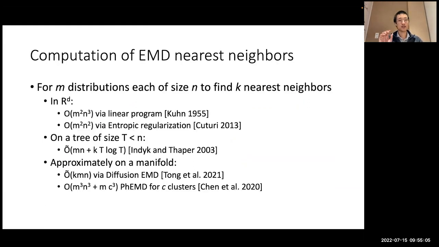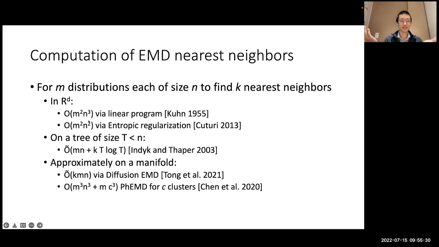Cool. And so we're interested in nearest neighbors in sort of an EMD space. So for m distributions, each of some size n, we want to find the k nearest neighbors. There are some existing ways to do this. Most optimal transport, I would say, is done via the second method, the entropic regularization. This is fairly fast in that it's just n squared cost.